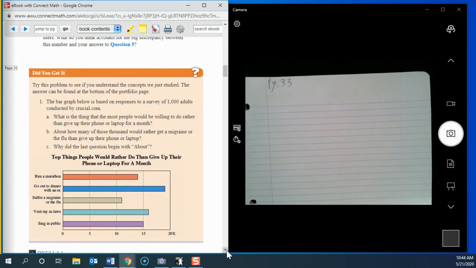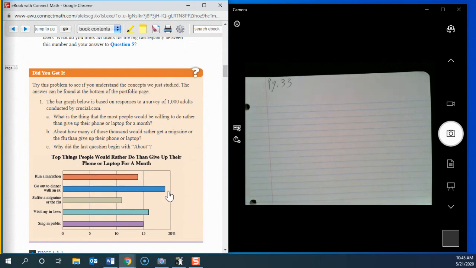It says, did you get it? Try this problem to see if you understand the concepts we just studied. The answer can be found at the bottom of the portfolio page. Number 1, the bar graph below is based on responses to a survey of 1,000 adults conducted by Crucial.com. It says, what is the thing that the most people would be willing to do rather than give up their cell phone or laptop for a month?